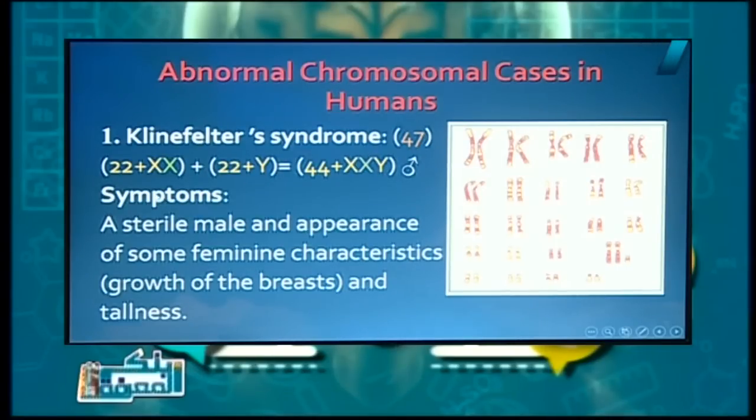The symptoms of this Klinefelter syndrome are a sterile male and the appearance of some feminine characteristics like growth of the breasts and tallness. So this is an abnormal case.